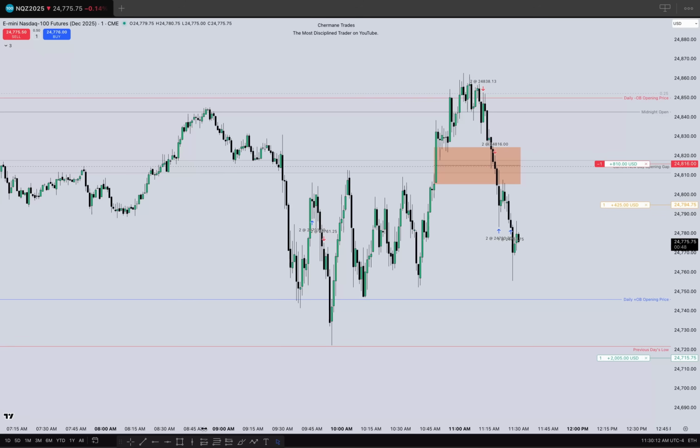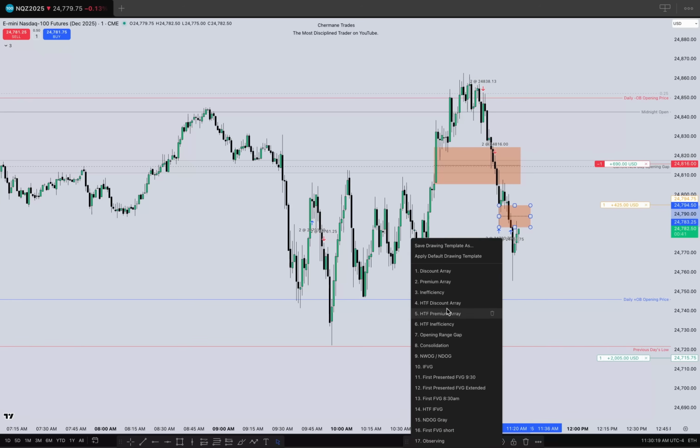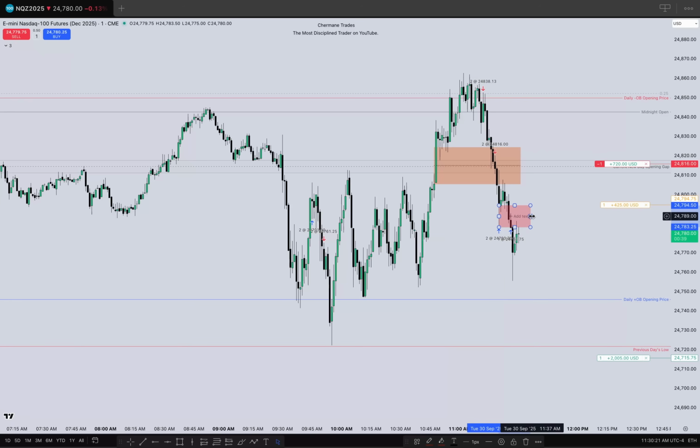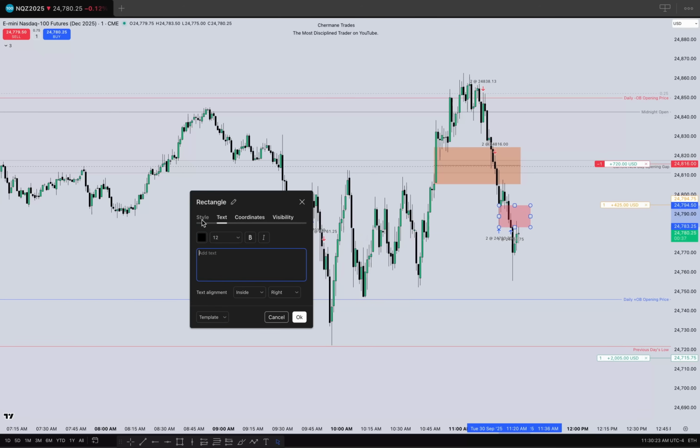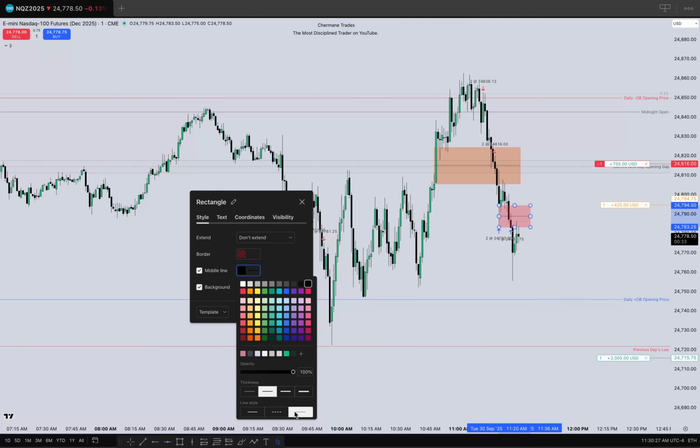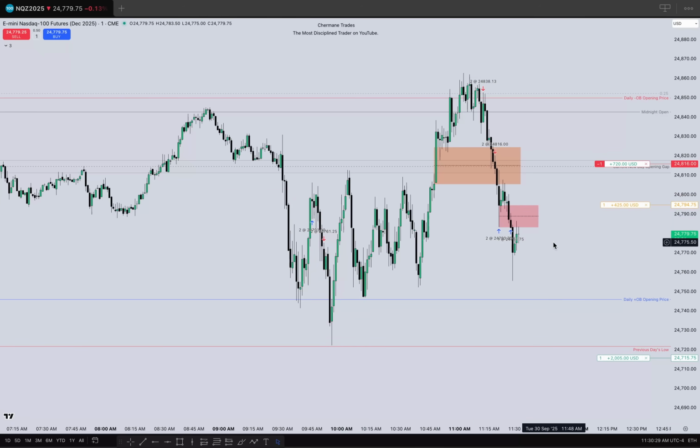But this wick and its midpoint is a premium array, and my stop loss is above its consequent encroachment. If we trade above that, I wouldn't be interested in being short. I want to go ahead and cash out with that extra 400 and call it a day there.